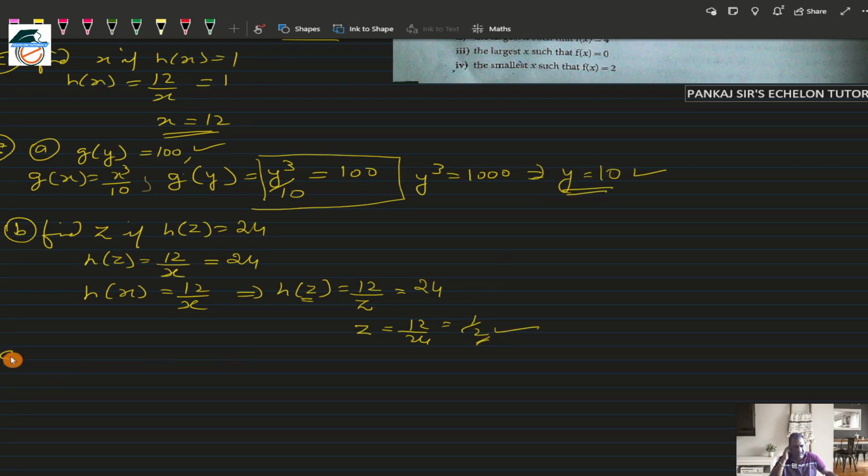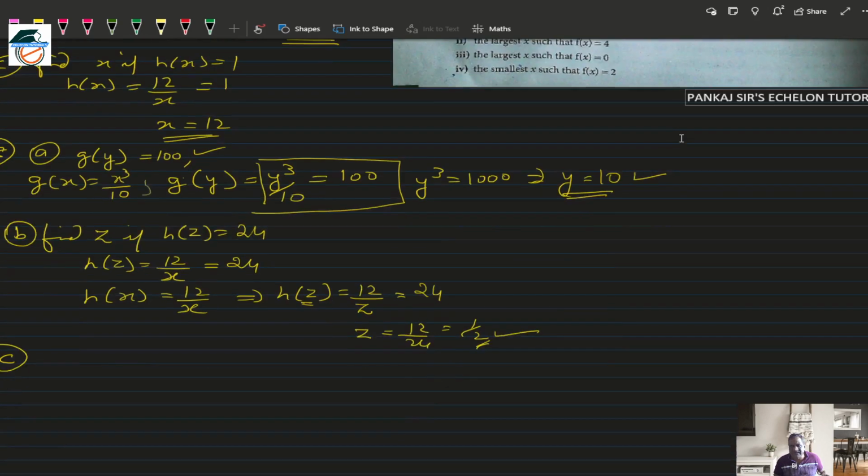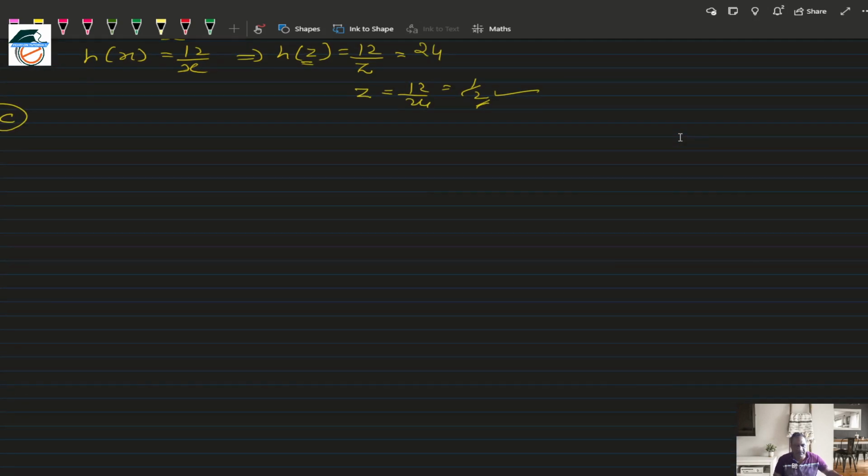Now let us come to C. Now what is 18C? Let me check the question. 18C is find w if g of w is 0.8. So you have to find w if g of w is equal to 0.8.